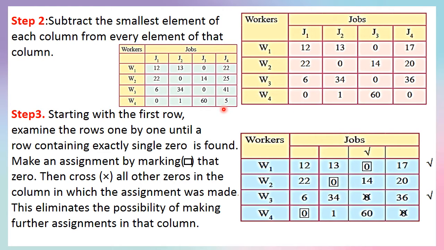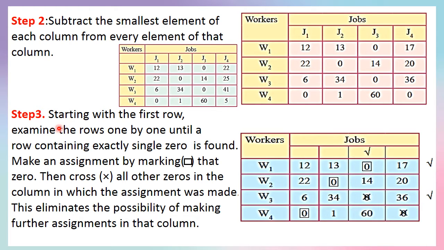But the last column has the smallest element 5, so we subtract this 5 from each remaining element. That is 22 minus 5, 17, 25 minus 5 is 20, 41 minus 5 is 36, and 5 minus 5, 0. So the new matrix is this one.